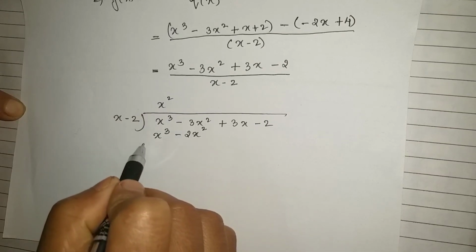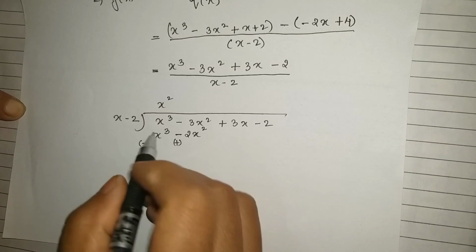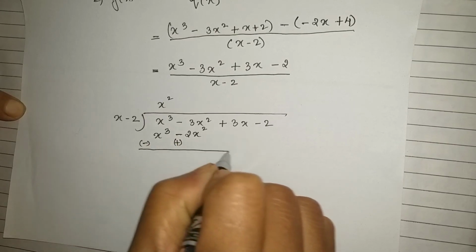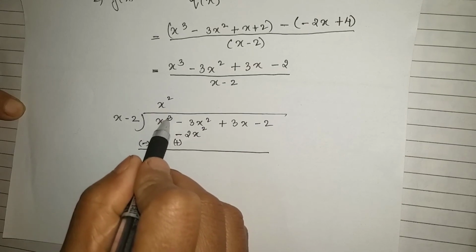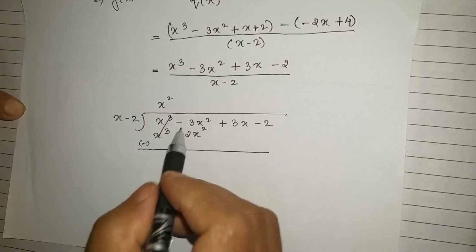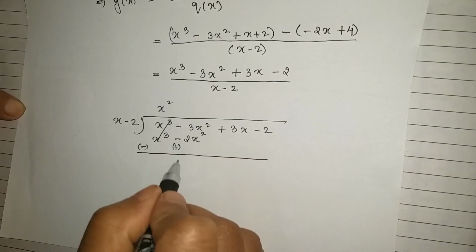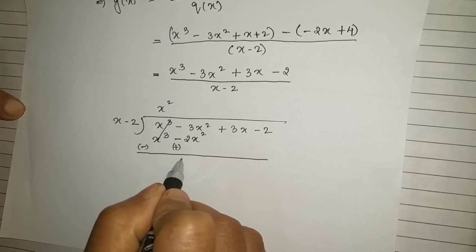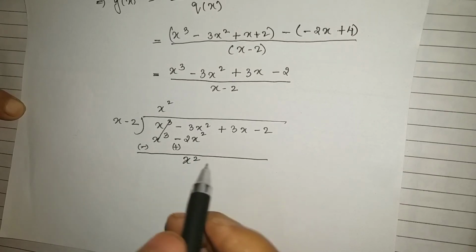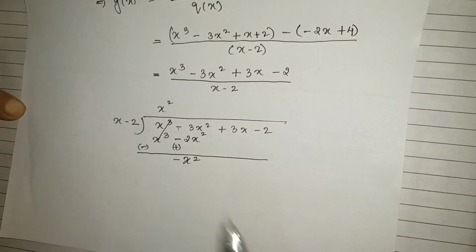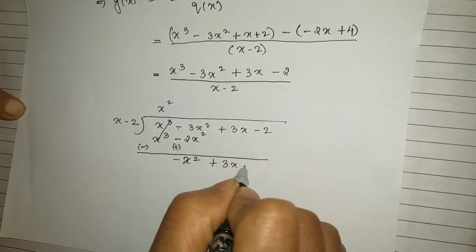Then this positive will become negative. The negative will become positive. Then we subtract. X cubed minus x cubed gets cancelled. Minus 3x square plus 2x square. We are left with 1x square. So we'll write it as x square. The sign will be negative. Then we have plus 3x minus 2.